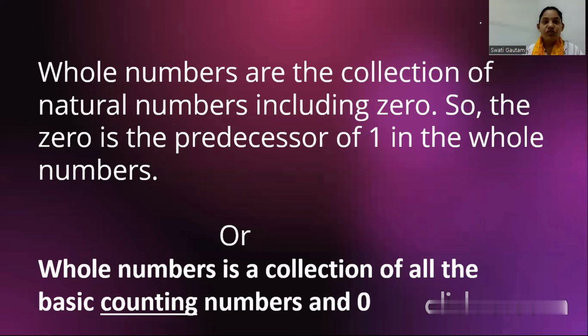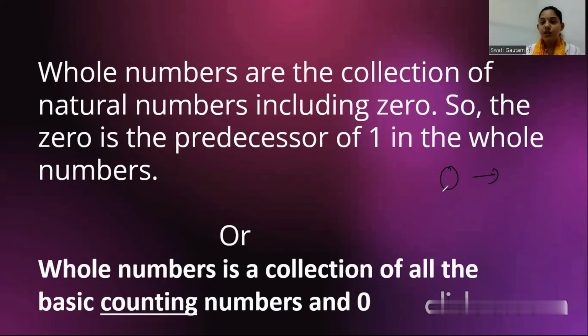I will attach the video of the natural numbers, so you can easily connect to that video to understand the natural numbers. All natural numbers are whole numbers, but 0 is not a natural number because we are not including 0 as a counting number. When we start counting, we start from 1.